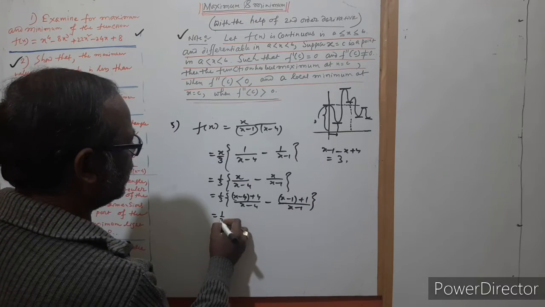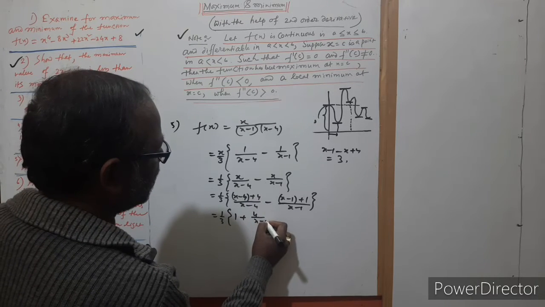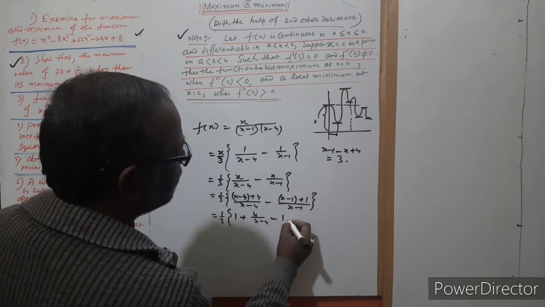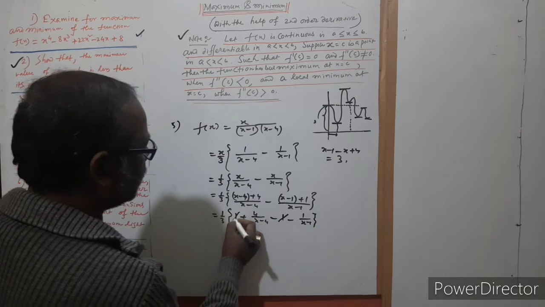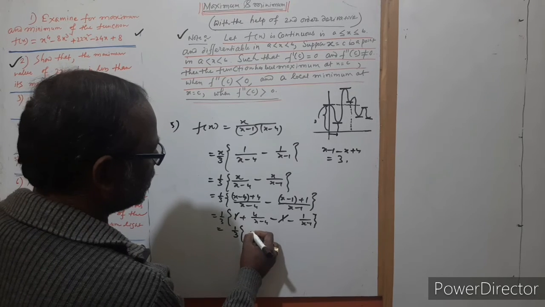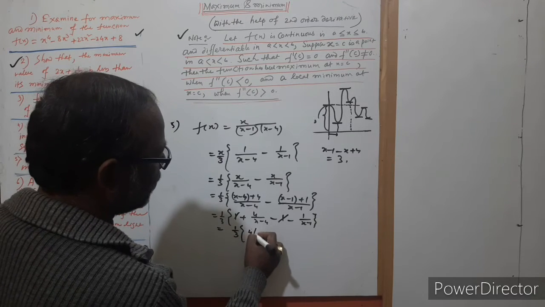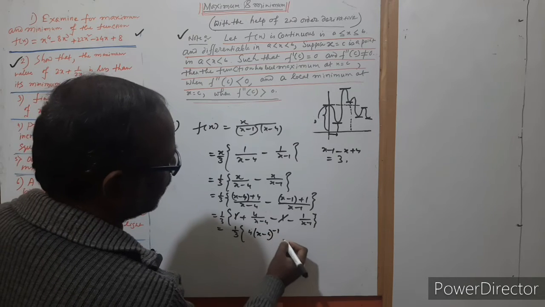See the technique: this gives 1 plus 4 by (x minus 4), and 1 plus 1 by (x minus 1). The 1s cancel, so you get 1 by 3, and we can write it as 4 into (x minus 4) to the power minus 1.